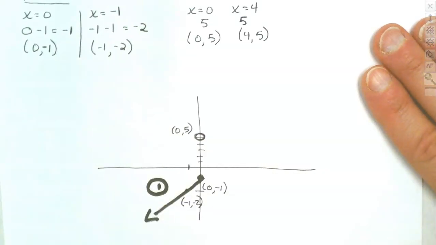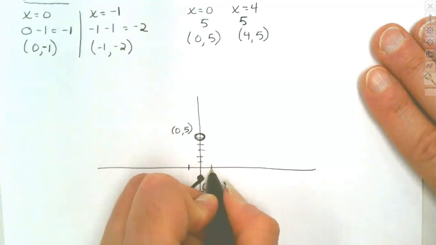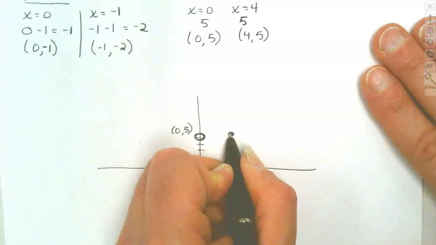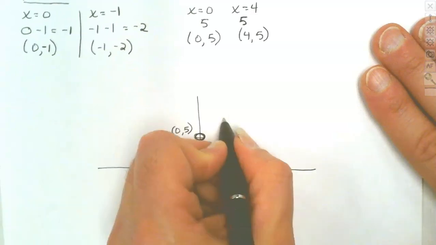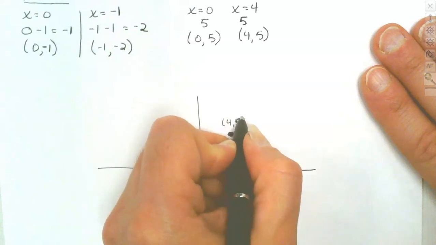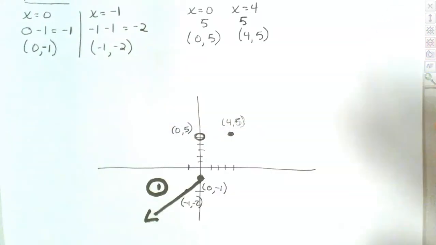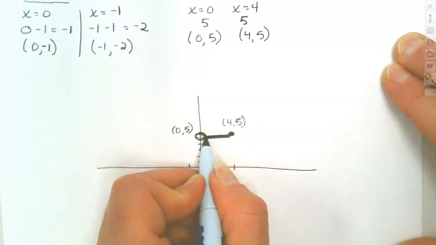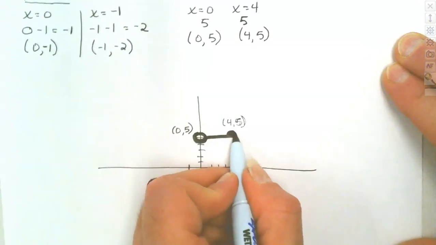Our next point is at (4, 5), and it needs a closed circle right here, because one side was open, one side was closed. And then we can connect them together to make the middle region. So that one's open, this one's closed.